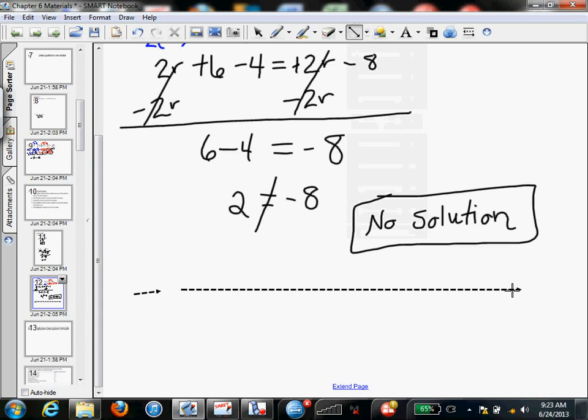And I'll jot that down right here. So 8 equals 8. If that's your answer, give infinitely many solutions.